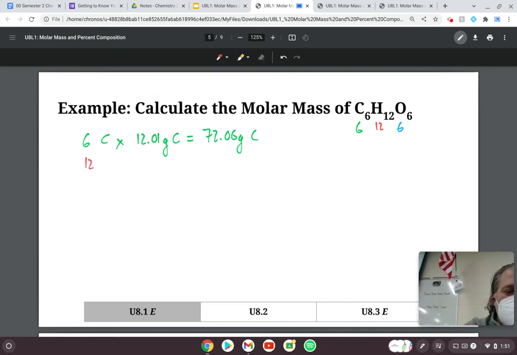We're going to take the 12 hydrogens times the mass of 1 hydrogen on our periodic table. And 12 times 1.01 is 12.12 grams of hydrogen in this particular compound so far.